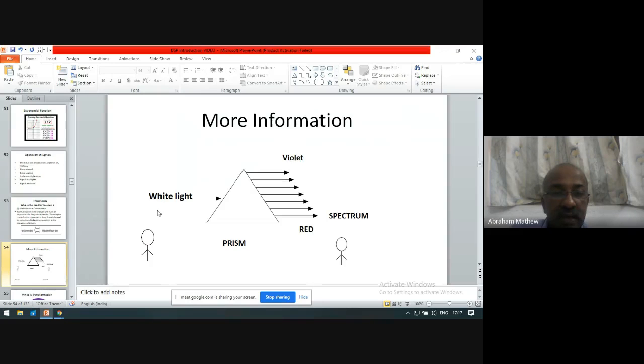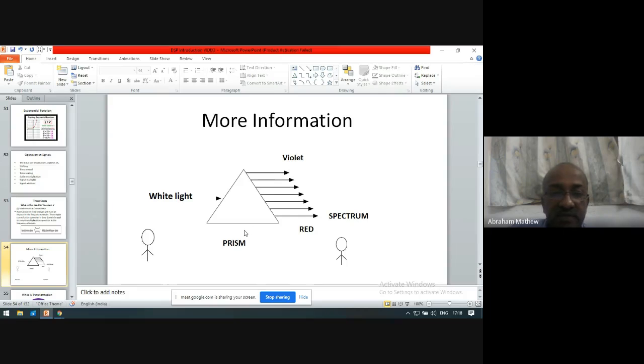But person A can understand it only as white light, whereas person B can observe the various constituents of this white light: violet, indigo, blue, green, etc. The spectrum of colors he is able to see because he is using a prism.